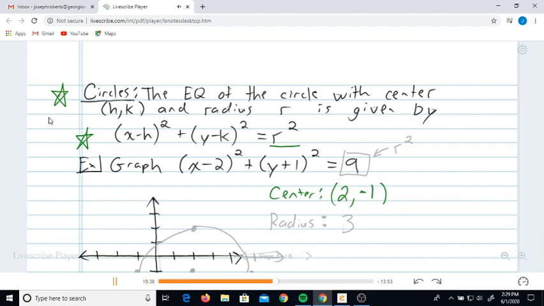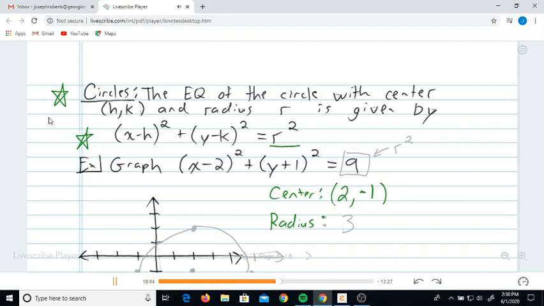So the coordinates for the center are the opposite of what the equation is displaying. That's because of the subtraction in the formula. It's pre-baked into the formula. So if you need to pause right now and make a note, I highly recommend you do that.